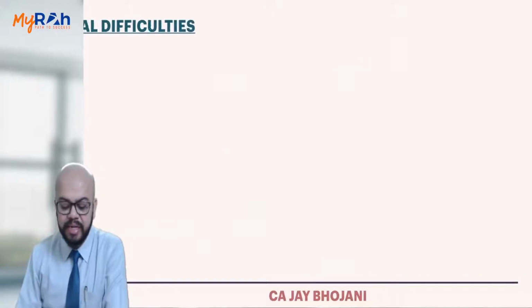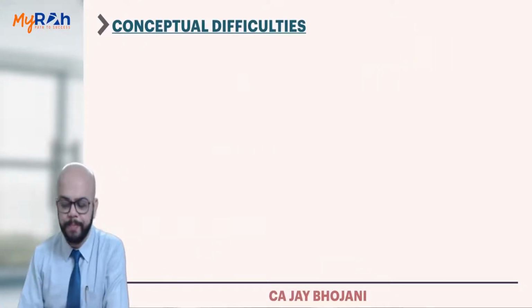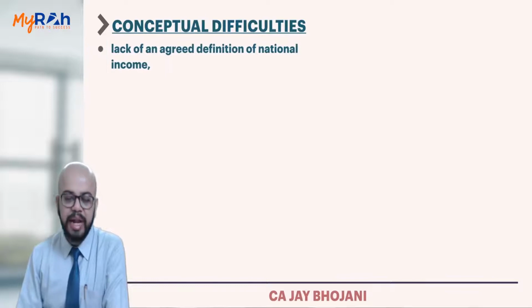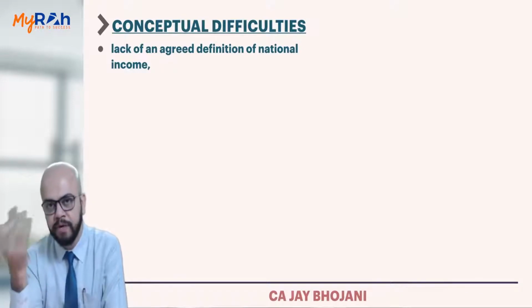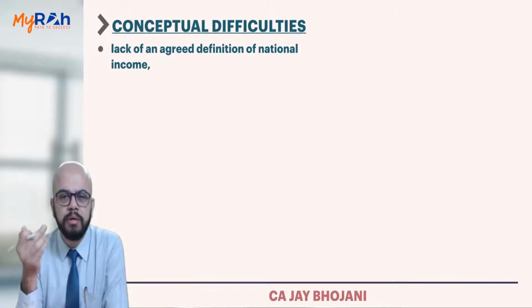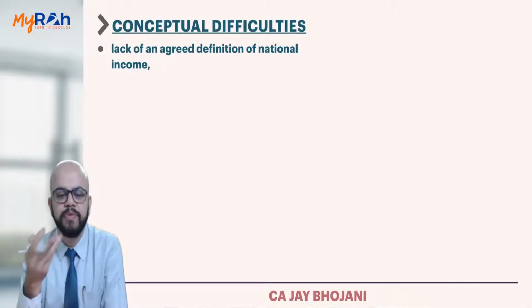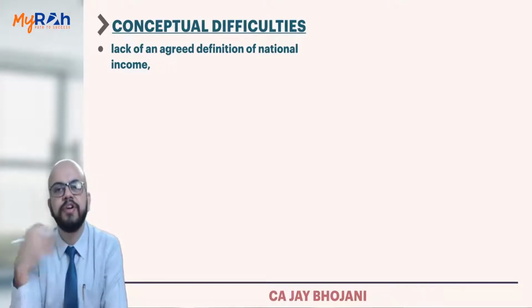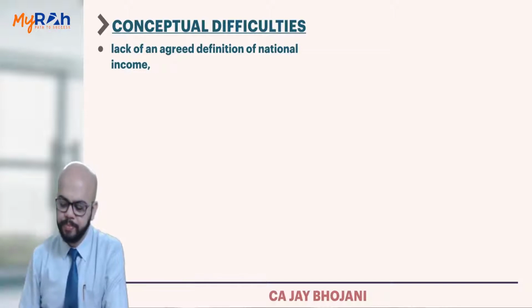Other than these, there are some conceptual difficulties as well. What are those? These are simple one-liner points. A lack of an agreed definition of national income. Different countries, different economists have different definitions of national income, and therefore it is not advisable to compare the national income of different countries because they all have different perceptions of national income.